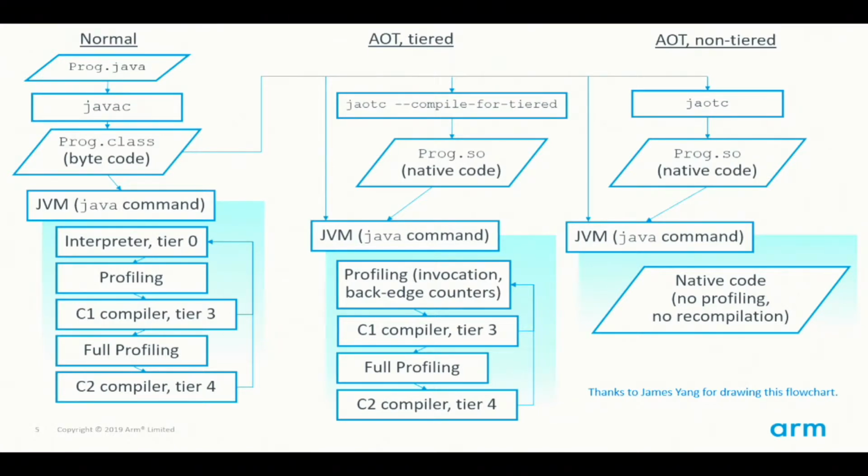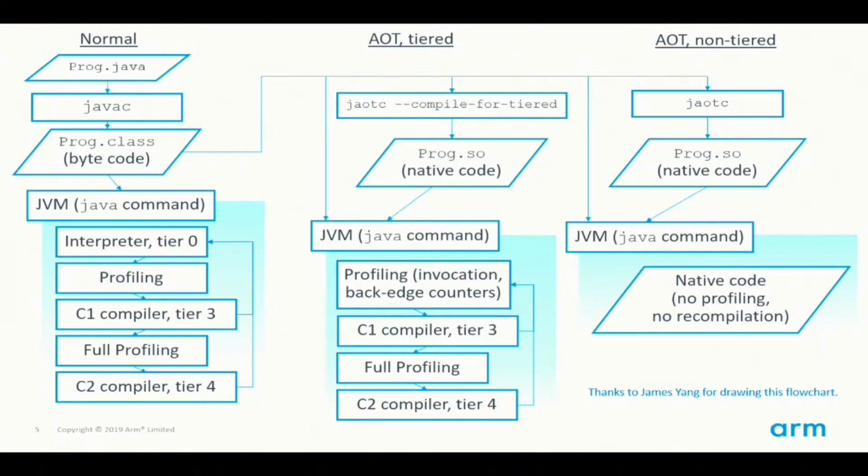And then you pop it into the JVM, and hotspot does its thing, optimizing the pieces of code that are the most commonly run to the most optimal, and so forth. Now, if you want to get ahead of time compilation involved, then you take the class file that Javac generated and run it into this new utility called JAOTC, and it generates a .so file, runtime library.